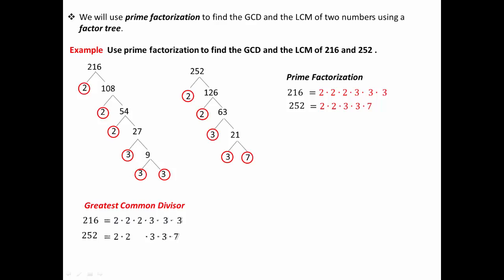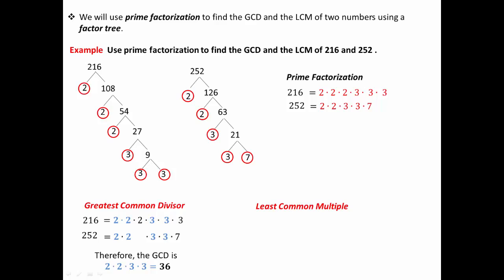Notice that they have 2 2's in common and 2 3's. The GCD is the product of all the prime numbers that these two numbers have in common. So the GCD is 2 times 2 times 3 times 3, which is 36.